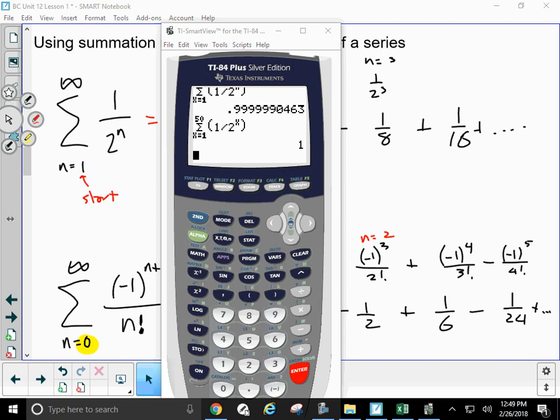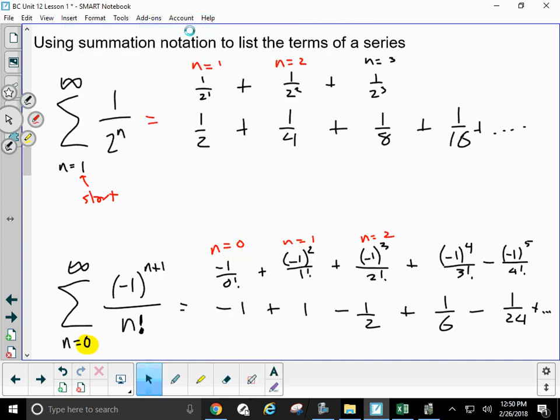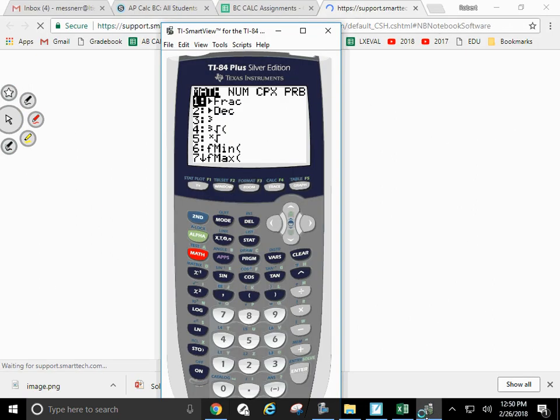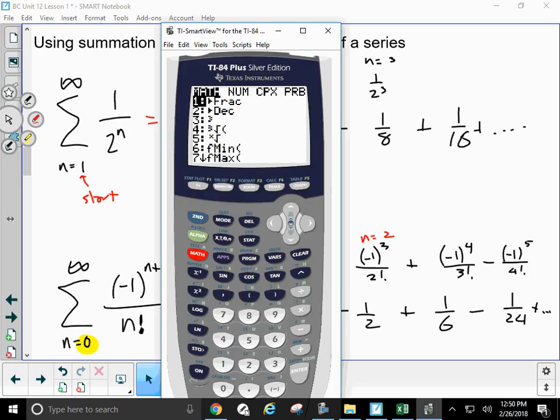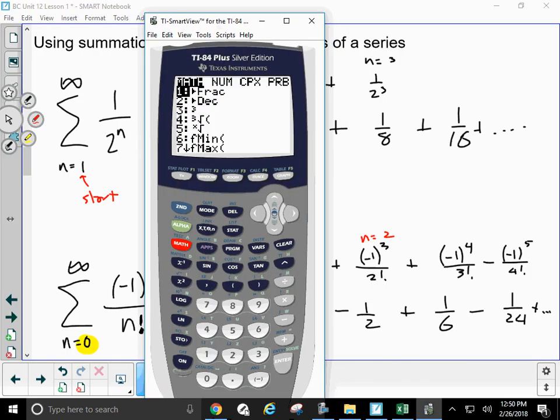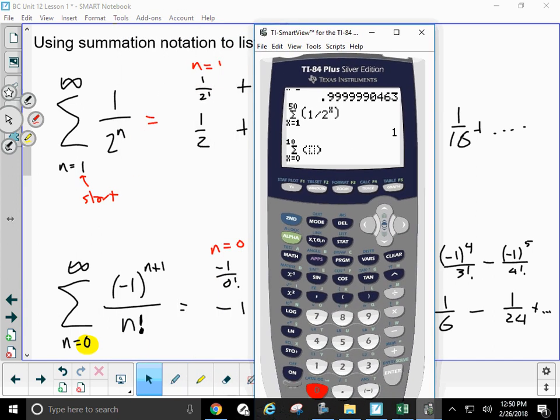We can do it with the other one. Math, sum. Here I'm starting at 0, going to infinity. I'm going to just start with 10. 10 even might be too much for this one.